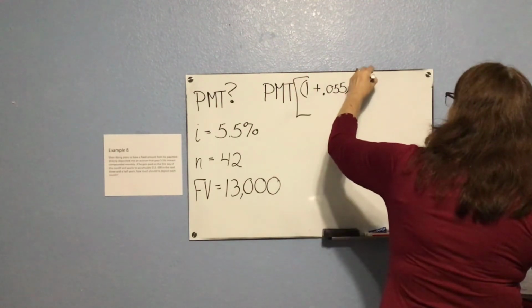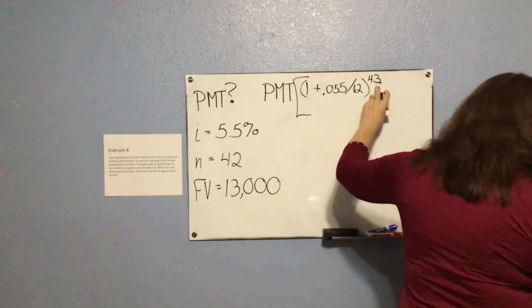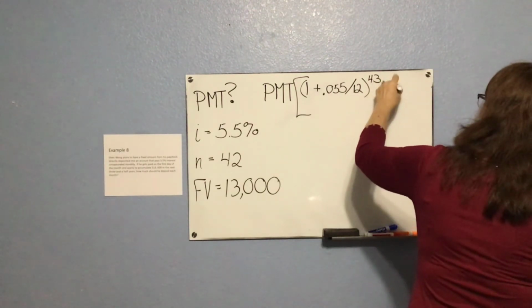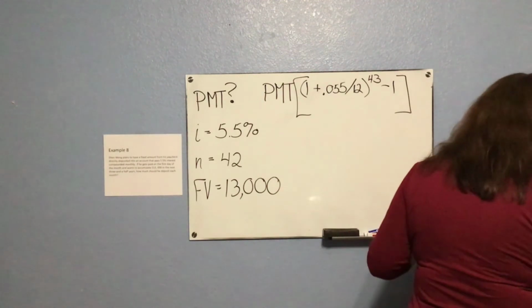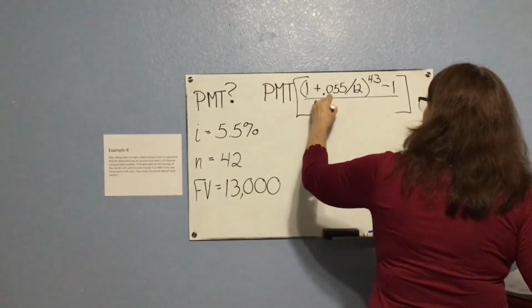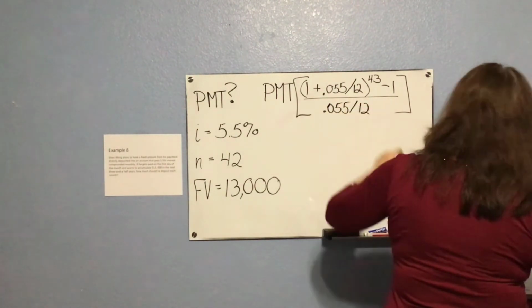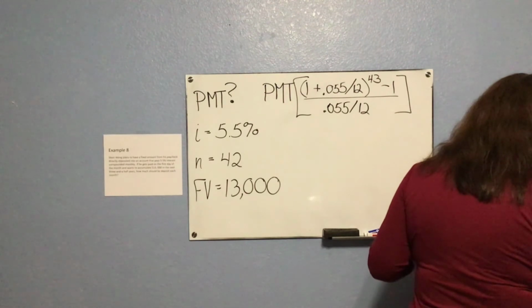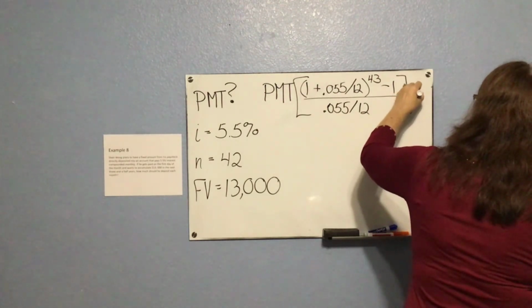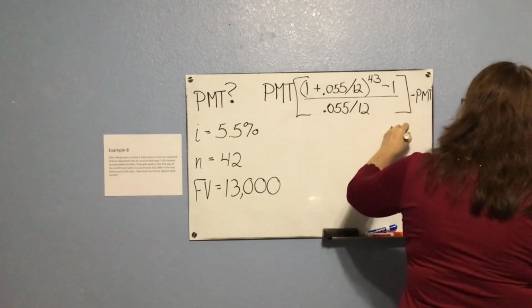And we're going to raise this to the 43rd power, 42 months plus 1 is 43, minus 1. And then down here we got 0.055 over 12. And then we subtract the payment again. And we want our answer to be 13,000.